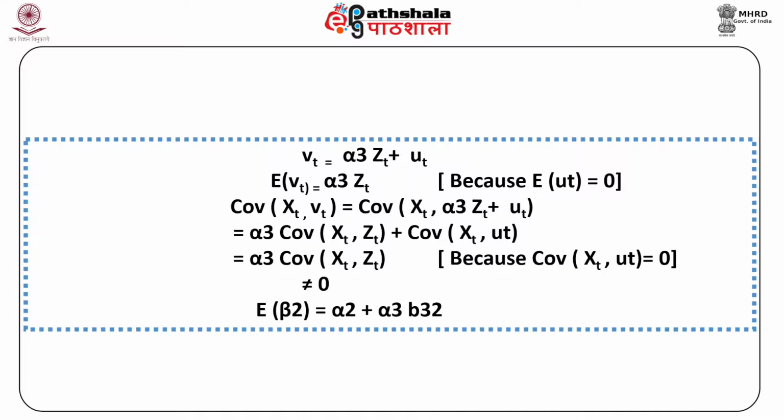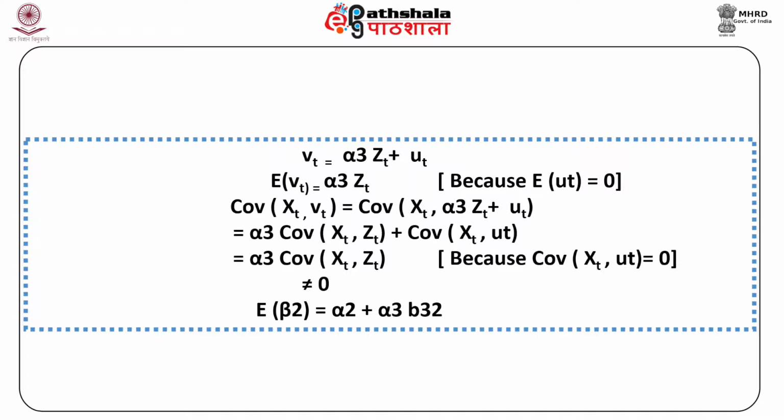Covariance of xt, Vt is equal to covariance of xt, comma, alpha 3 zt plus mu-t, which is equal to alpha 3 covariance xt zt plus covariance xt mu-t, which is equal to alpha 3 covariance xt zt because covariance xt mu-t is equal to 0. However, alpha 3 covariance xt zt is not equal to 0.